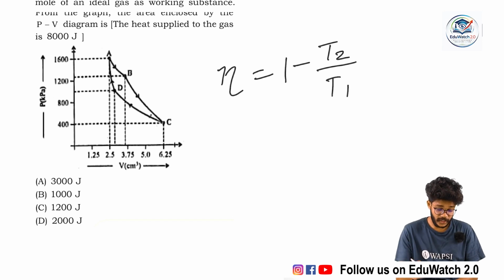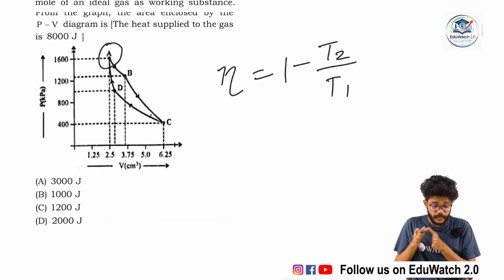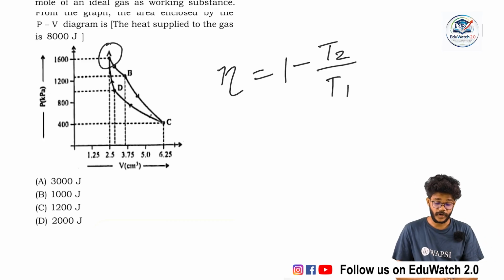T1 is the temperature at position A. From A to B, the pressure is decreasing and the volume is increasing in an isothermal process. That means TA equals TB. In an isothermal process, the pressure is decreasing and the volume is increasing, so we can find the temperature at this PA. That can be T1.